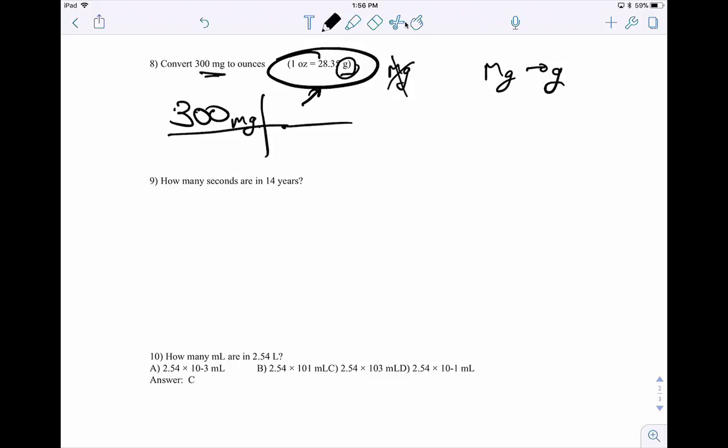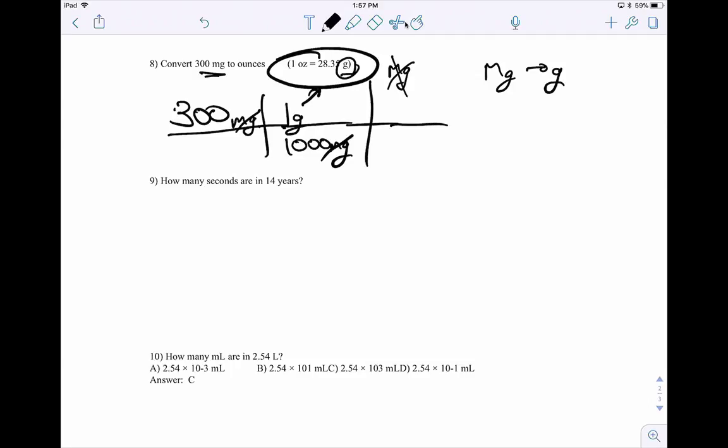So you should be familiar with how to do this. Some values you just have to memorize in the metric system, and that is 1 gram is equal to 1,000 milligrams. Now, why did I write milligrams on the bottom? Because milligrams is not a desired unit. Grams is. So since milligrams is on the top, here I need to put it on the denominator, and that will cancel it out.